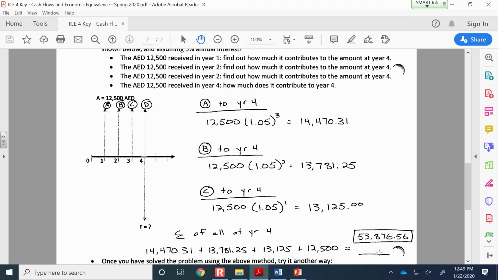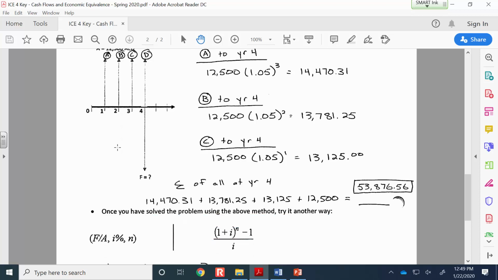And then the other way of doing it, instead of moving each year individually, which is a little time-consuming, kind of tedious, to do each one of these like an individual F. That's what we did in this first approach: we treat each arrow as though it's a single future isolated amount.